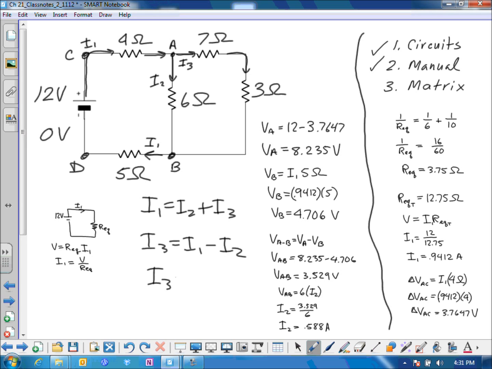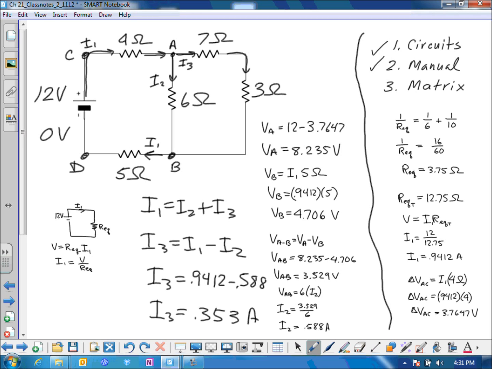I3 is equal to 9.9412 minus I2, which we just calculated, 0.5888. And I3 is equal to 3.3 amps, I think.